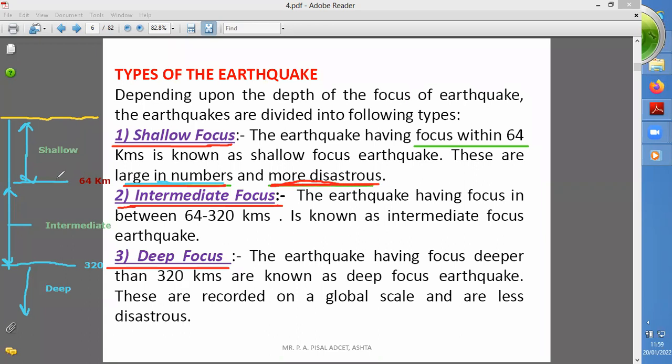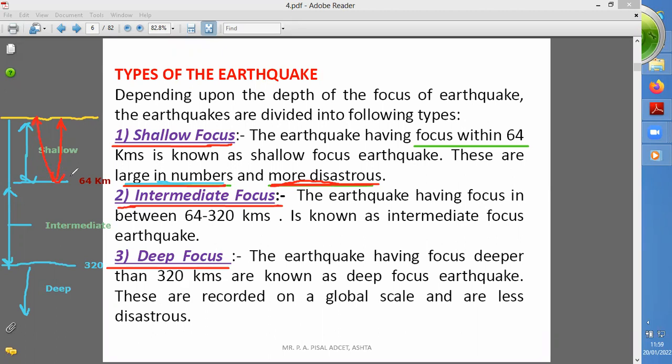Why? Because when the focal distance is small, the waves generated from the earthquake suddenly reach the earth surface, so they have maximum effects on the surface.